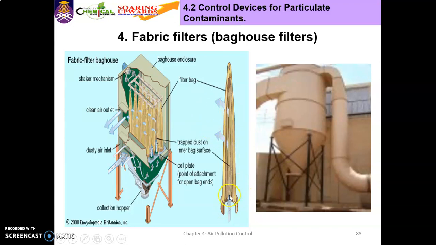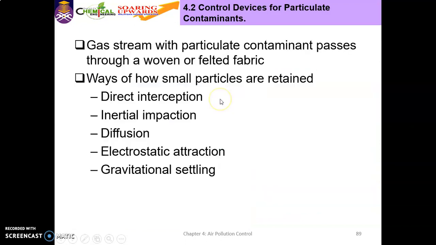At the bottom it will be open, and at the top it will be closed. This is the filter bag. The particles are retained based on direct interception, inertial impaction, diffusion, electrostatic attraction, and also gravitational settling.